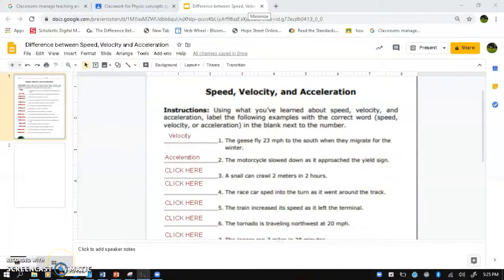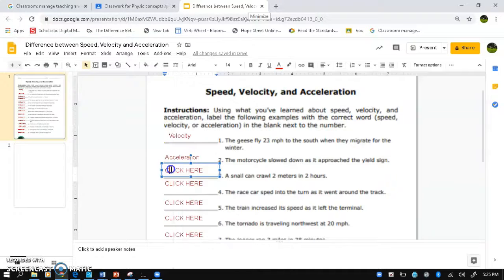It went 2 meters in 2 hours. So this one would be speed. So there was just some concerns when I was looking over the first three, because they weren't right. You just got to look for those keywords in order to do that.